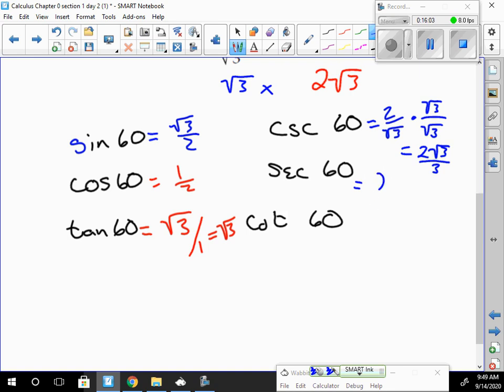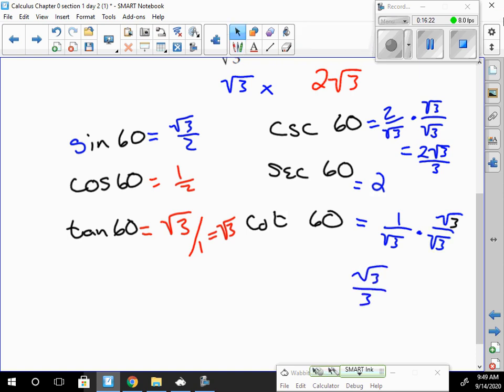Secant of 60 just becomes 2. And cotangent becomes 1 over root 3. Again, we can't have a root 3 in the denominator, so I have to multiply by the square root of 3 in top and bottom. That gives me root 3 over 3. So we finished with root 3 over 3 here.